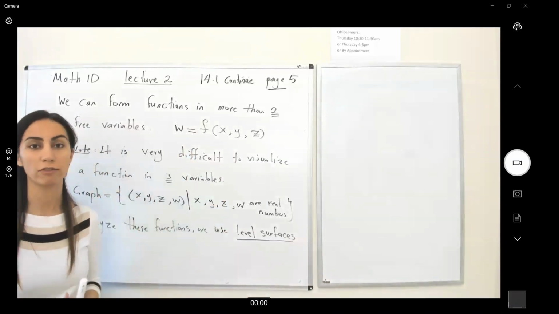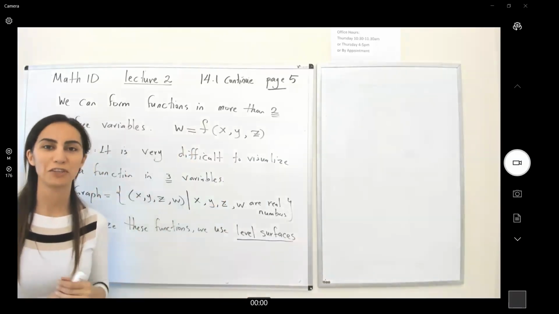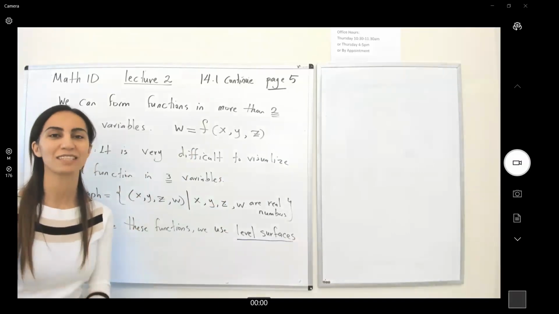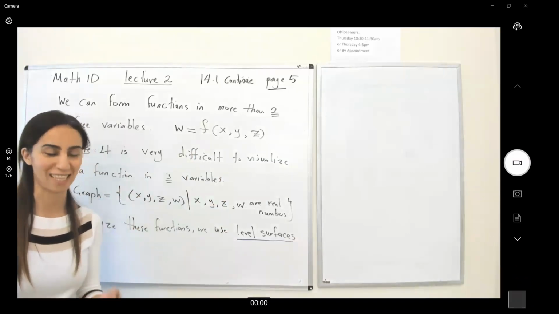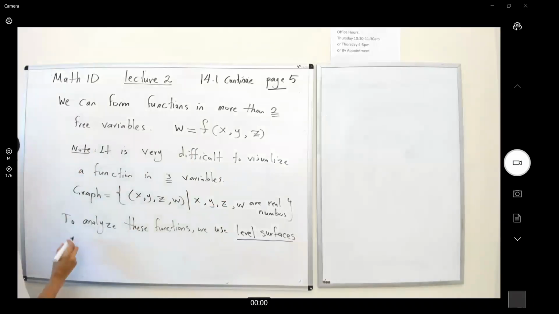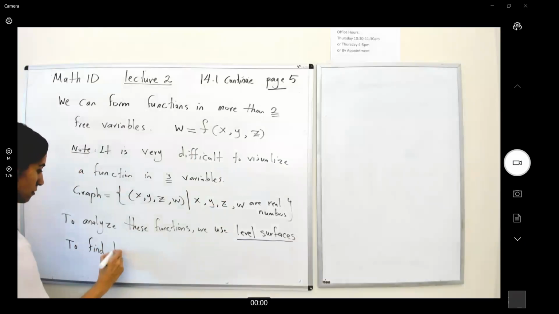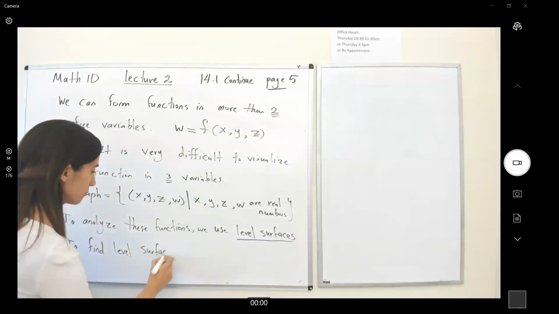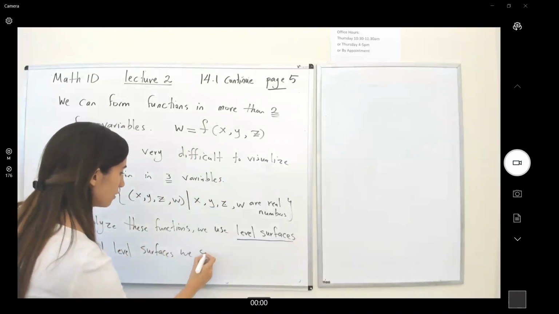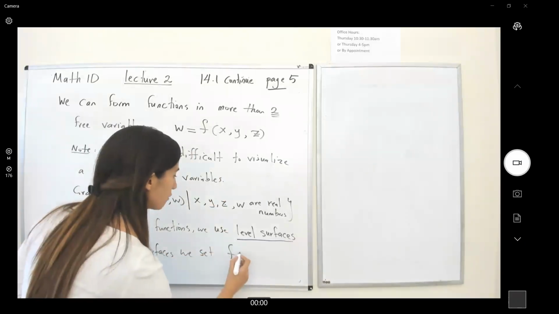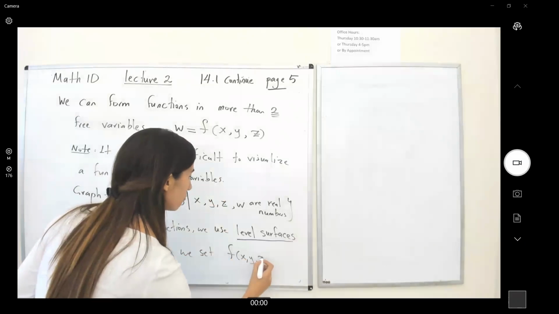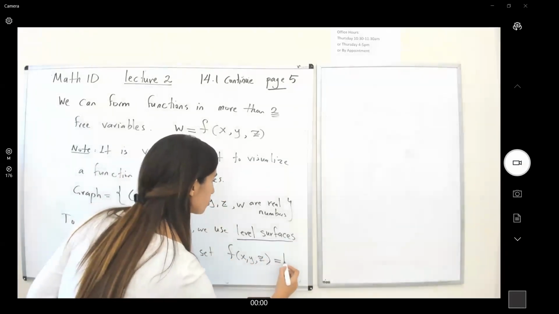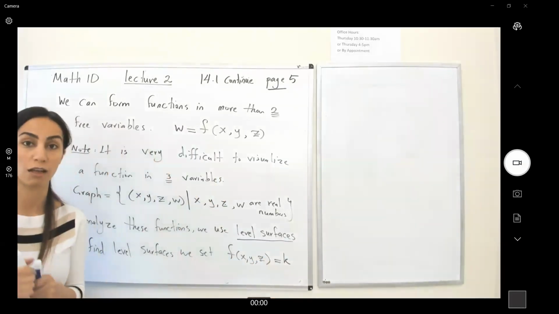How do we find level surfaces? You take the definition of the function and you set it equal to a constant. To find level surfaces, we set f of x, y, z equal to a constant like k.